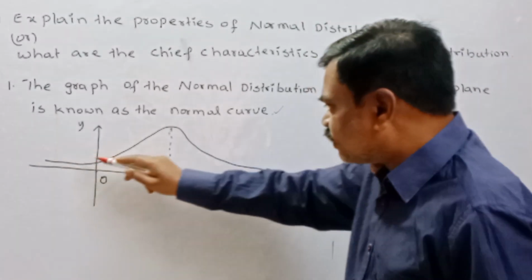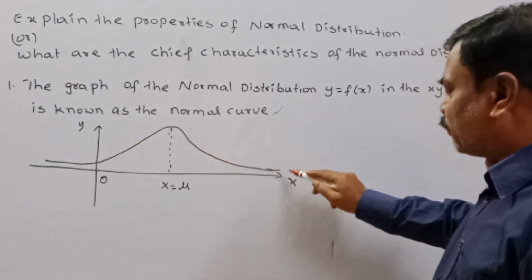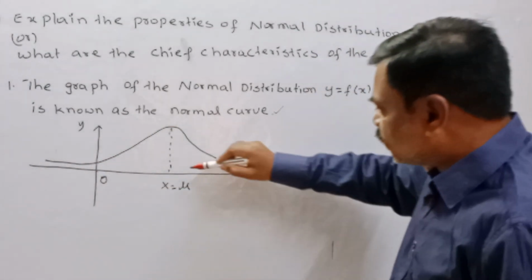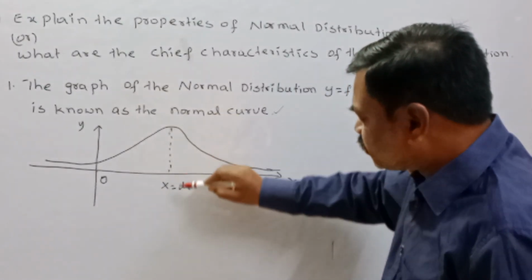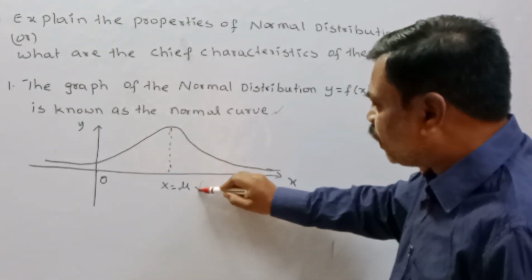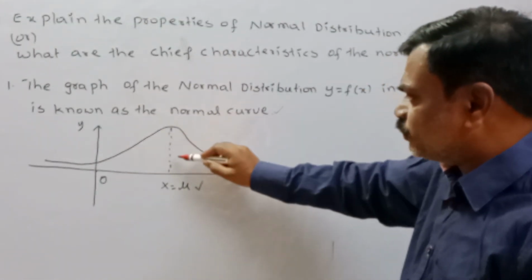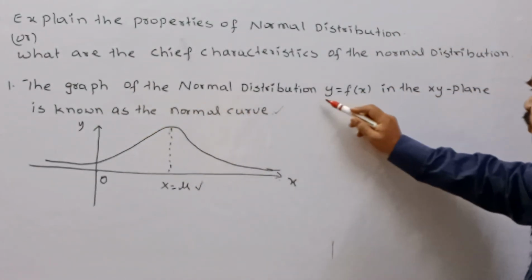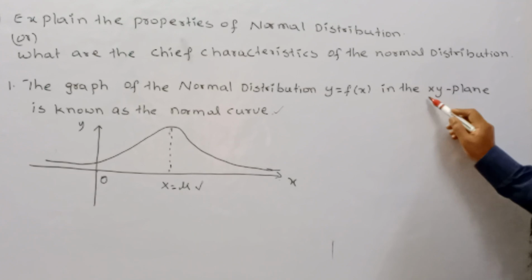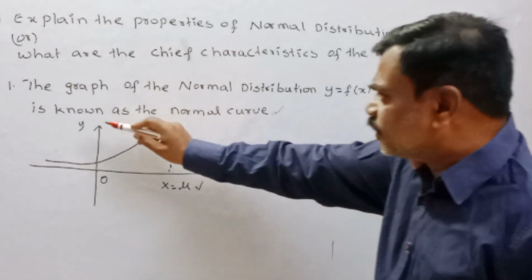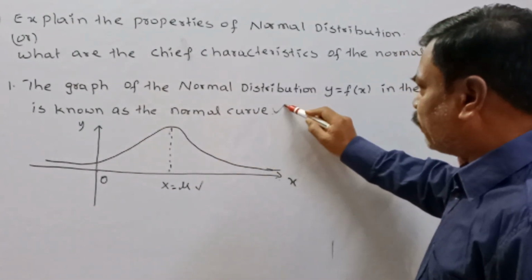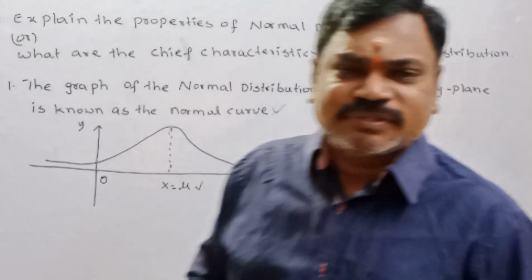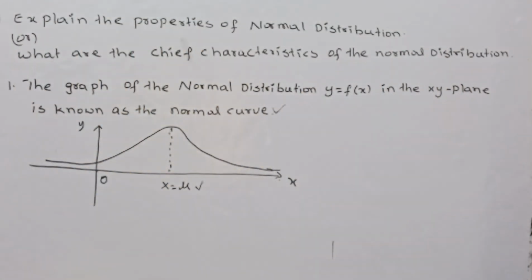This is the graph of the normal distribution, and this is x is equal to mu, the mean of the normal distribution. Okay, all of you, this is the first property.